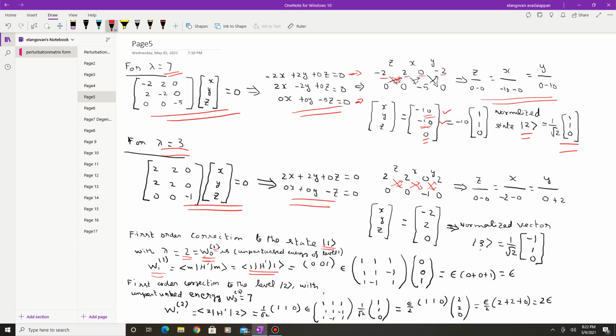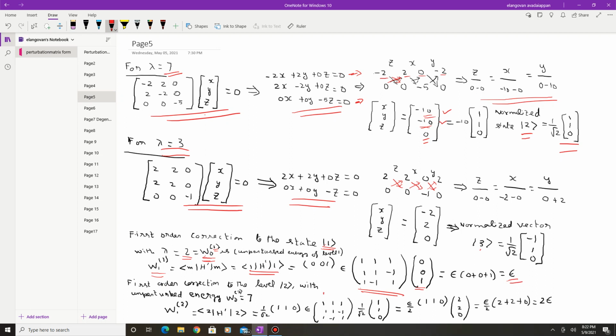So bra 1 we have already calculated, and ket 1. You substitute 0 0 1, H prime. Your matrix is available, which is given. Then again you write down the ket vector, and once you multiply, you will get epsilon. So this epsilon is the first order correction energy.